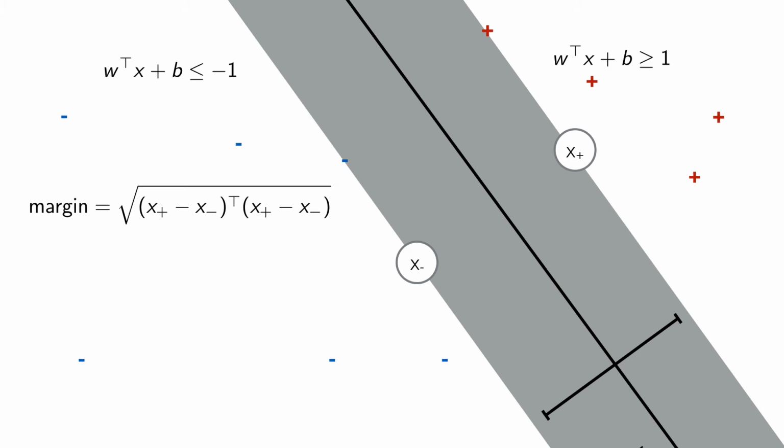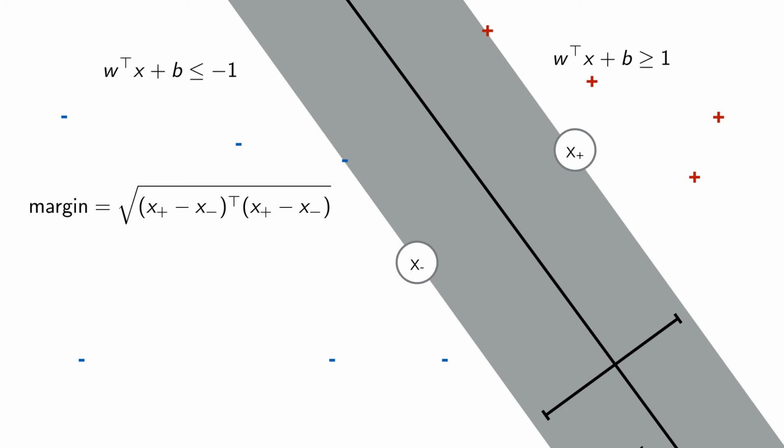So here I've just written the formula for the distance in arbitrary dimensionality. And what I didn't write here is that the x and y points, ideally they should be the closest possible points to each other. So that means that you can just pick, without loss of generality, one of them and put it on the margin boundary.